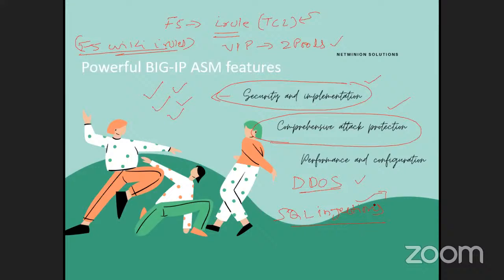I will show you all of it in today's demo, do not worry. Then cross-site scripting, if someone is tampering with your parameters, doing session hijacking, manipulating your cookies, doing forceful browsing, all of these things would be dealt with by your powerful BIG-IP ASM features.